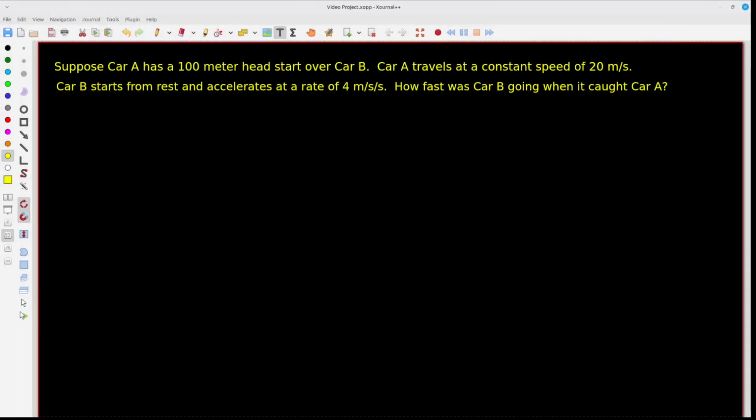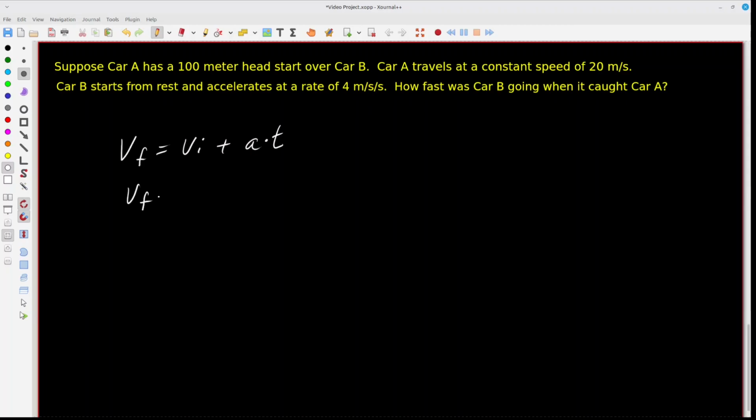And we can calculate that fairly easily because we know that the final velocity is equal to the initial velocity plus acceleration times time.